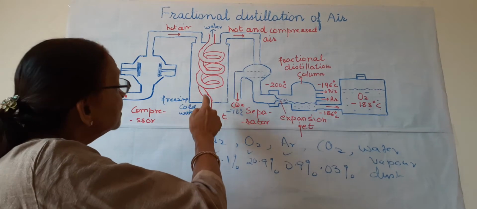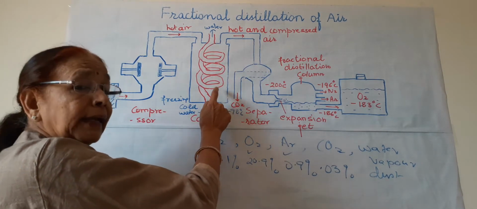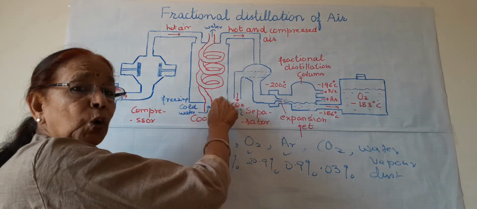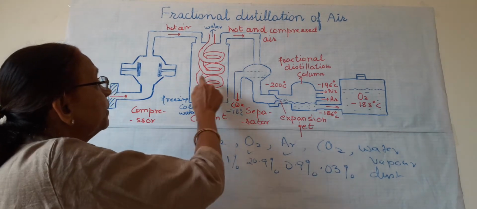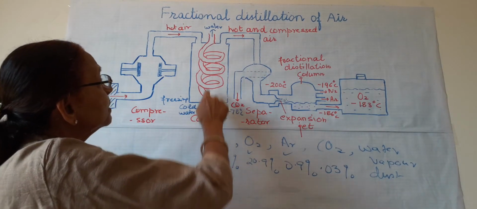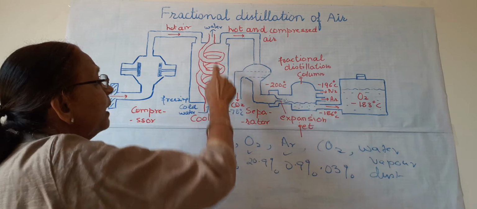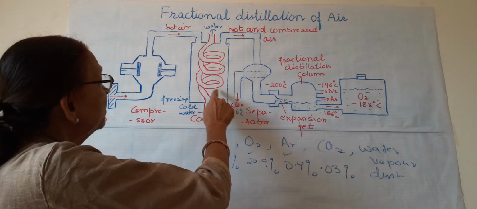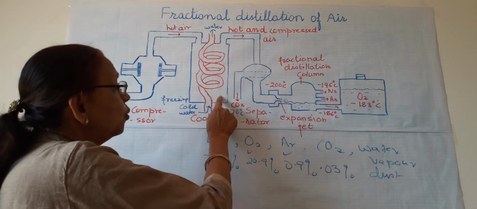Due to this freezing cold water, the air in the chamber, which is hot now, becomes cool, and this water supply is regular. The water is going from the lower side, coming from the upper side, cooling the air in the chamber. So in this chamber, the air is cooled.